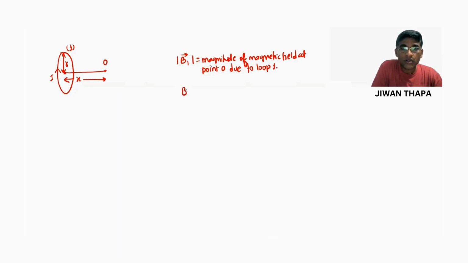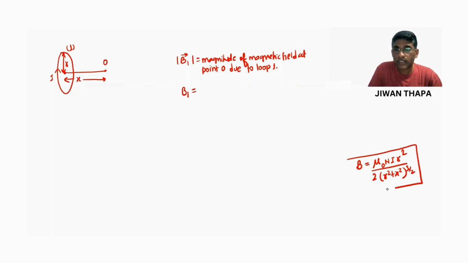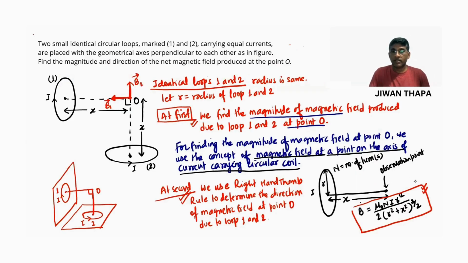So B1 equals, as I said earlier, we use this, okay, relation: mu naught n I R square by 2 (R square plus X square) whole power 3 by 2. So this is the magnetic field at a point on the axis of current carrying circular coil. So you can see, okay, we are using this equation.